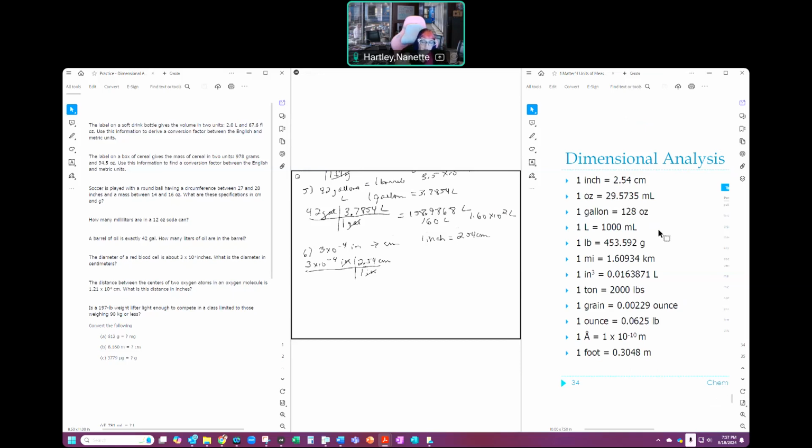I wouldn't divide by that, because if I set it up like this, let's just talk about that. 3 times 10 to the minus 4th inches here. And if I did it backwards, I'd have 1 inch here and 2.54 centimeters here. If I were actually to carry this out, whatever this math comes out to be, my answer would be in inches squared per centimeter. And that is not what I want.